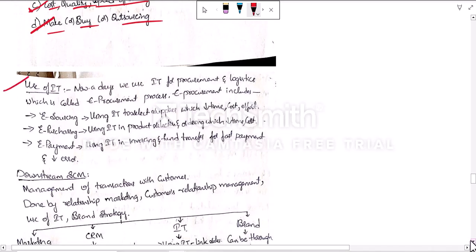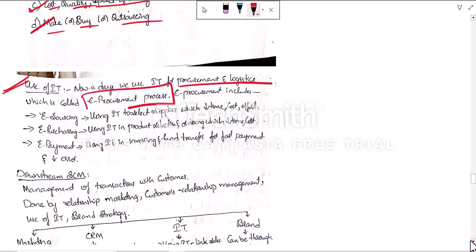And use of information technology. Relation with suppliers is one extent, but use of information technology is the next level nowadays. Especially we should use IT in procurement and logistics. This is called the e-procurement process, and this involves e-sourcing, e-purchasing, and e-payment. What does e-sourcing mean?